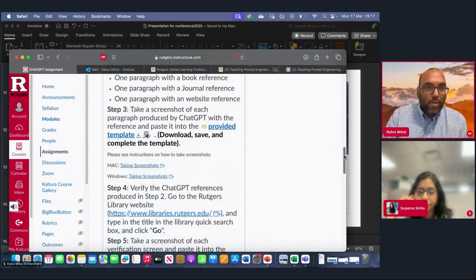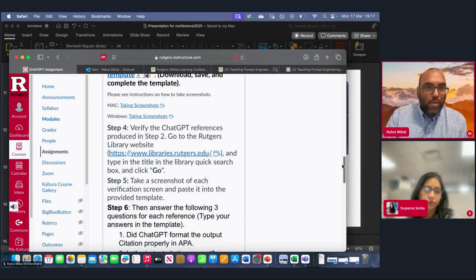At the same time, we wanted them to verify the references, so we got them to log into the Rutgers Library website, take a screenshot of the verification, and paste it into the provided template.